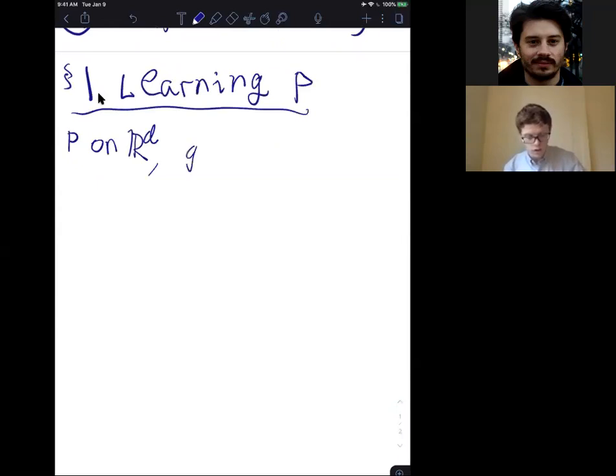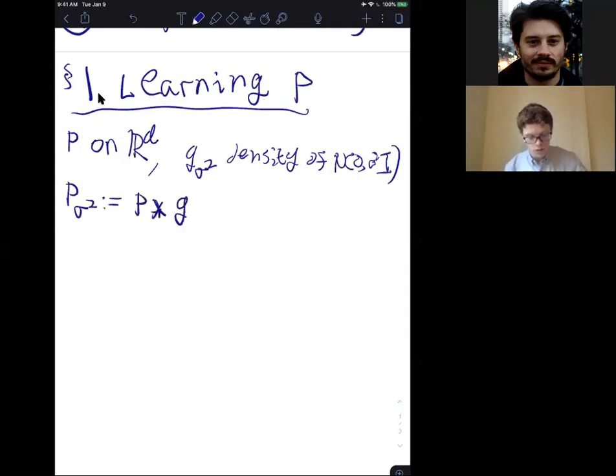Let G sigma squared be the density of an N(0, sigma squared I). And then we're going to define P sigma squared to be equal to P convolved with G sigma squared. And this will quickly become important.